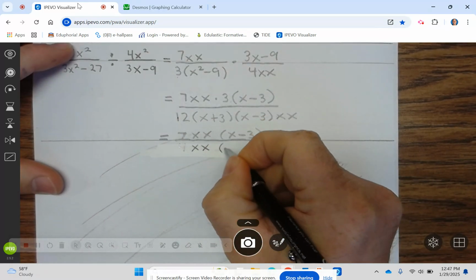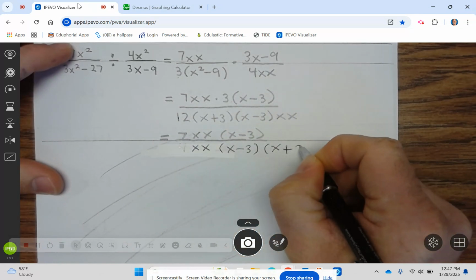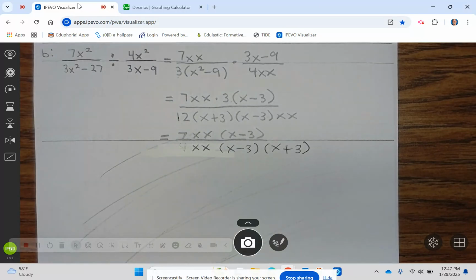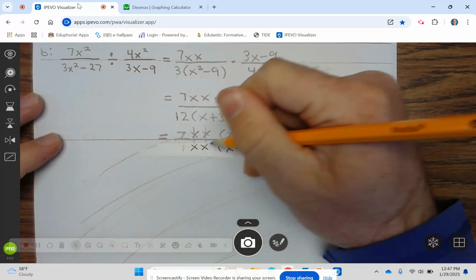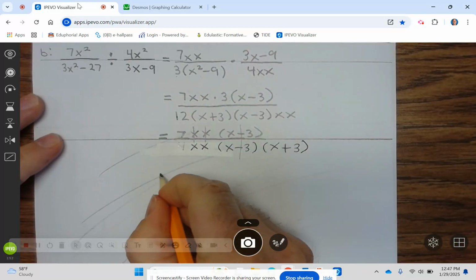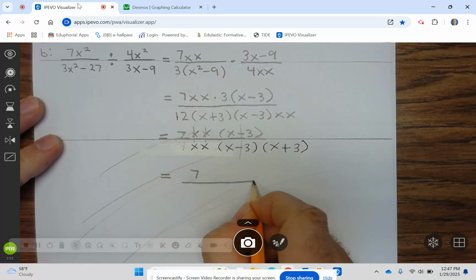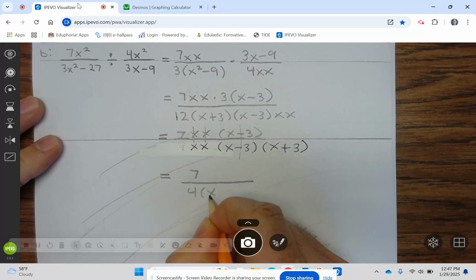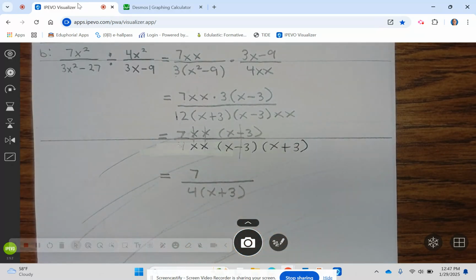We can bring down the x minus 3 and then the x plus 3. Now anything divided by itself is 1, so 1, 1, 1. So this simplifies to be 7 divided by 4 times x plus 3. All right, go ahead and finish up B.